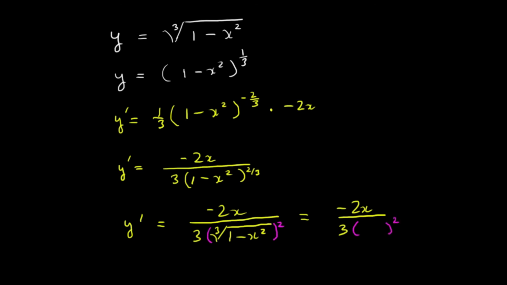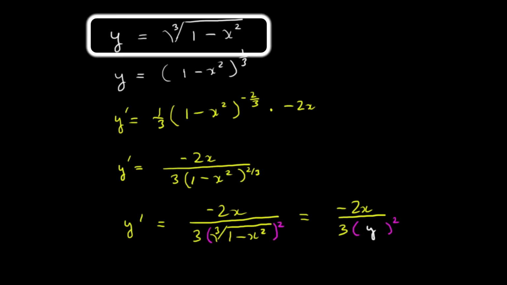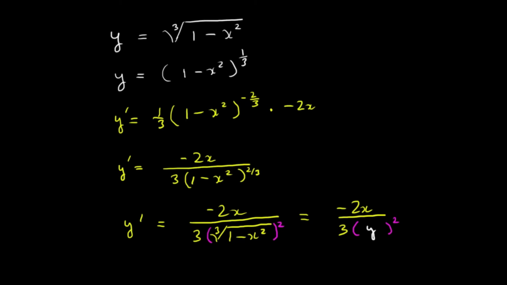Because of course y was equal to the cube root of 1 minus x squared. So when we perform implicit differentiation, we are going to get our derivative. It's going to look exactly like this thing.